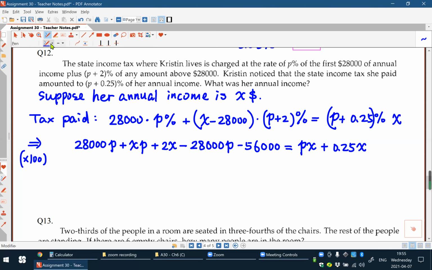Right? Okay, next, we can cancel some terms here. So first of all, 28,000P can be canceled with the 28,000P here. And PX can be canceled with XP here.